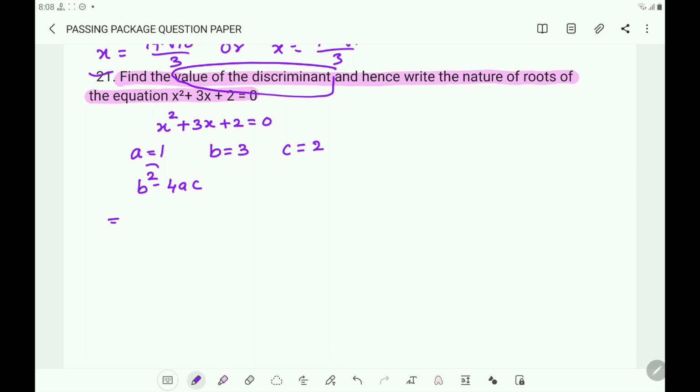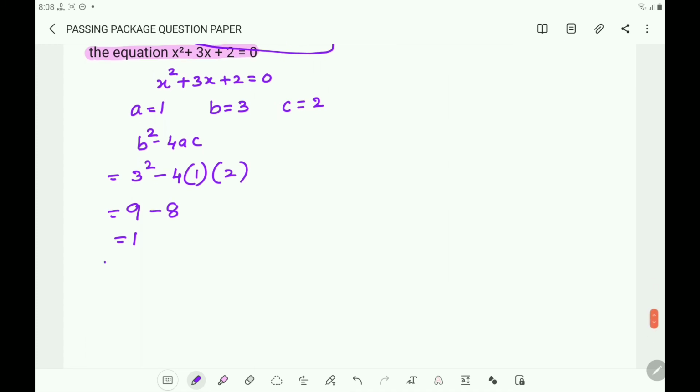That equals, write the value of b, that is 3 square minus 4, you write 4 only, into a means 1, into c is 2. That equals 3 square. 3 square is 9 minus 4 into 1 into 2, that is 4 into 1 is 4, 4 2s are 8. 9 minus 8, which is equals to 1. So you got b square minus 4ac is equals to 1.